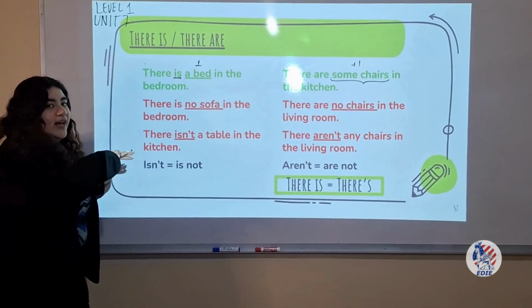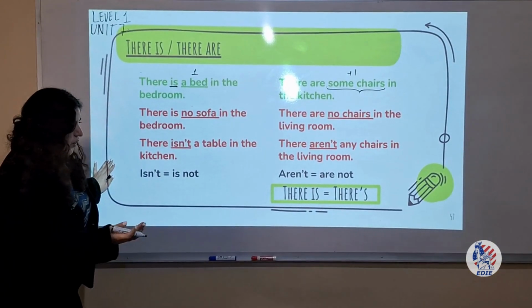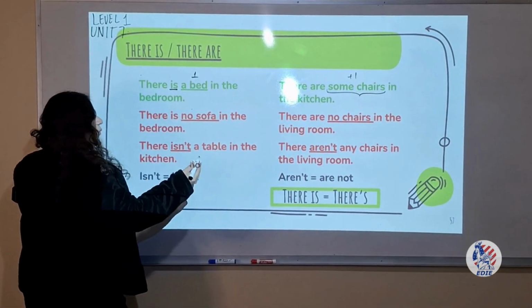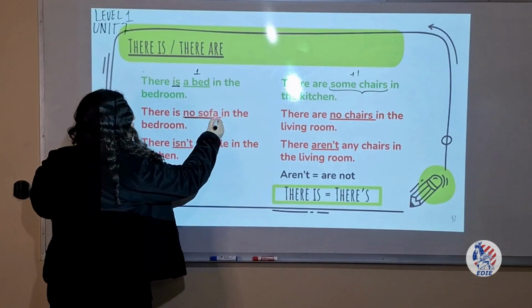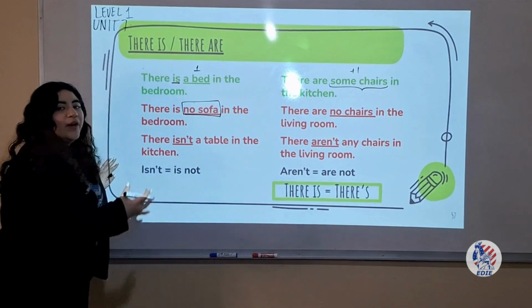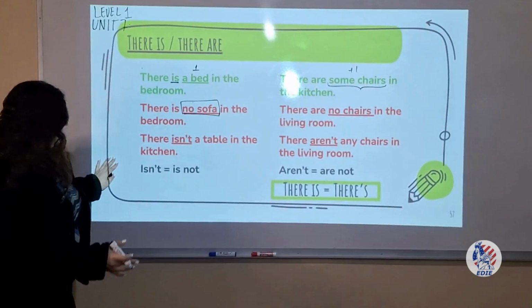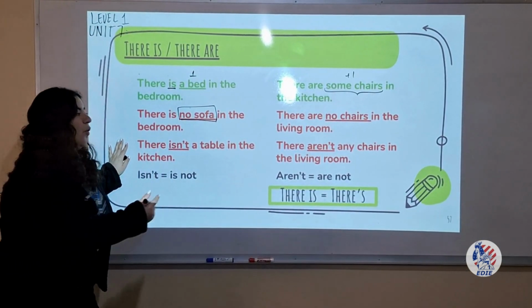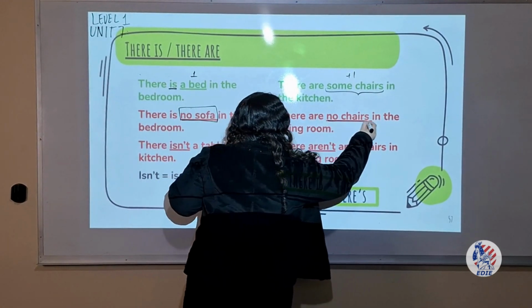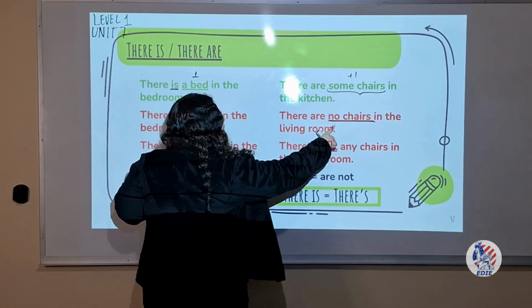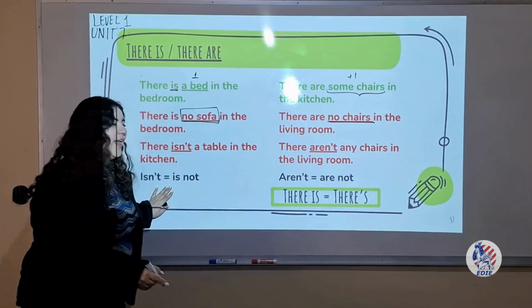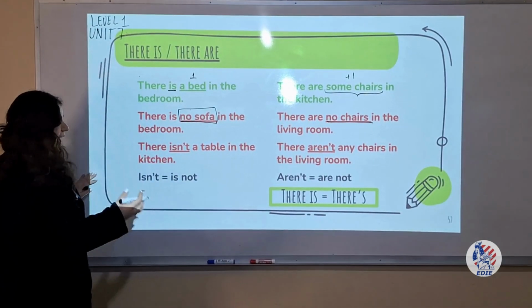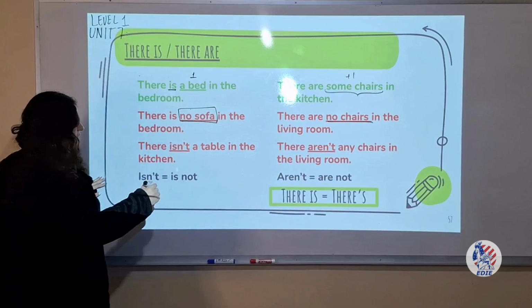But what happens when we have no objects? We have two options in each case. We can either use no to indicate what is missing from a space. For example, there is no sofa in the bedroom, right? Or, in this case, there are no chairs in the living room. The other option that we have is to use it as a negative.